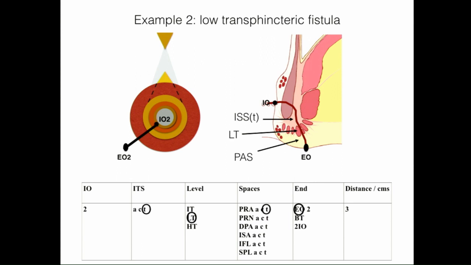And then it goes to the perianal with a track, and external opening at 2 o'clock, distance 3 centimeters. Even the MRI or the ultrasound, you can record, and you have everything in here. And you can draw any classification from here. This is just what I call a fistula map.